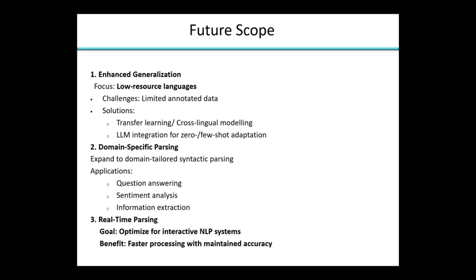This will be very useful, with limited resources and can be developed in quick time. These are the applications we are targeting: question answering systems, syntactic analysis, information extraction, and in future we can also provide real-time parsing to optimize interactive applications, with faster processing while maintaining accuracy. So this will be useful in future also.